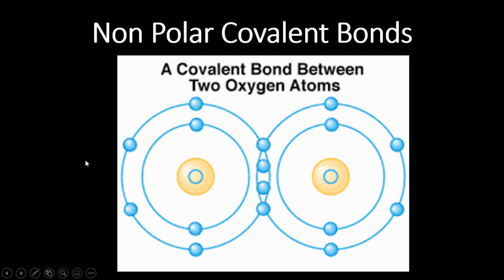Out of those electrons that are being shared, they are going to spend an equal amount of time with this oxygen atom and an equal amount of time with the second oxygen atom. Since they're sharing the electrons equally, that is what a nonpolar covalent bond is.